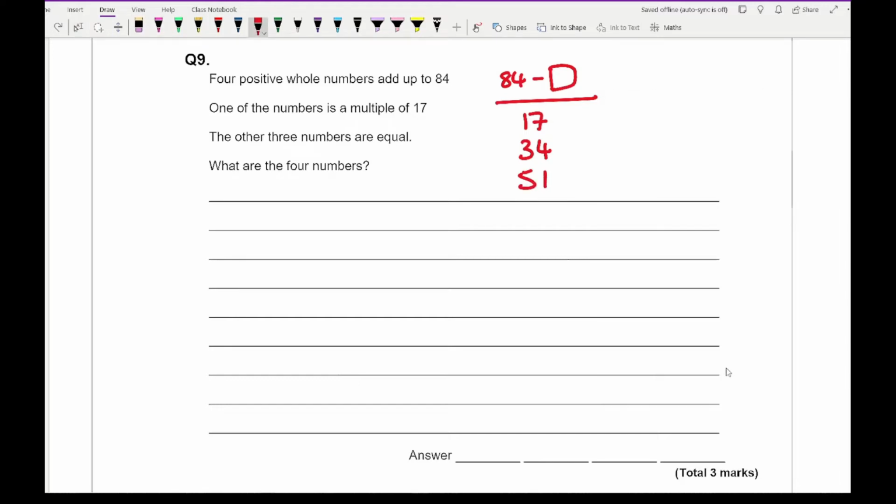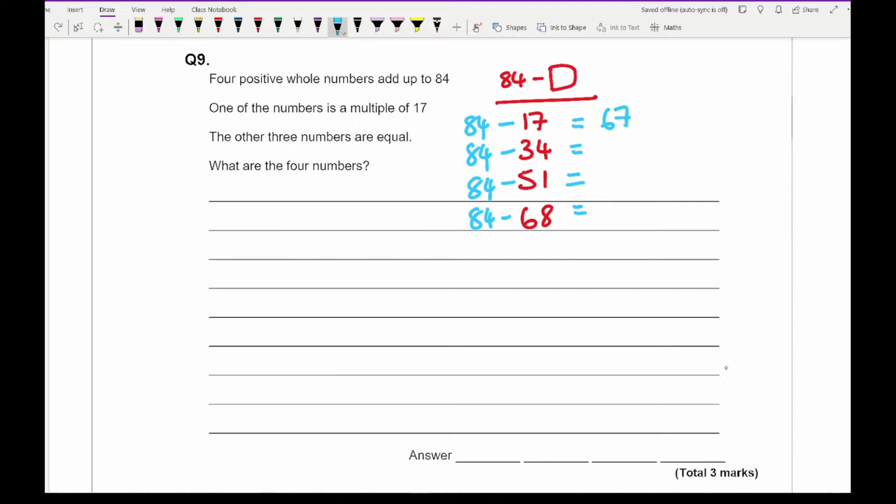So the next one therefore is going to be 68. The next one is 85, which is not going to work. So then what I need to do is take these away from 84, and what I'm looking for is the answer being a multiple of 3, because I've got to divide by 3. So 84 take away 17 gives me 67.